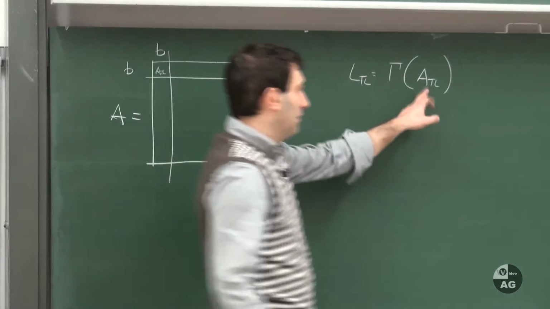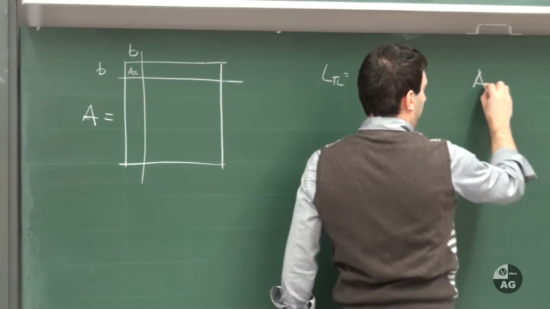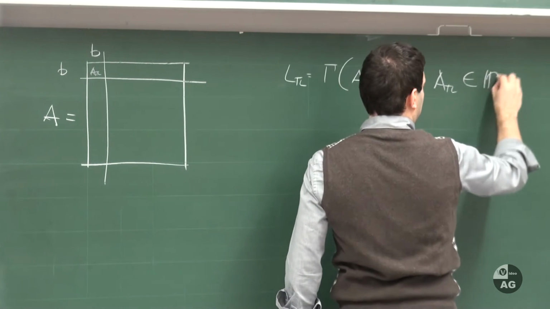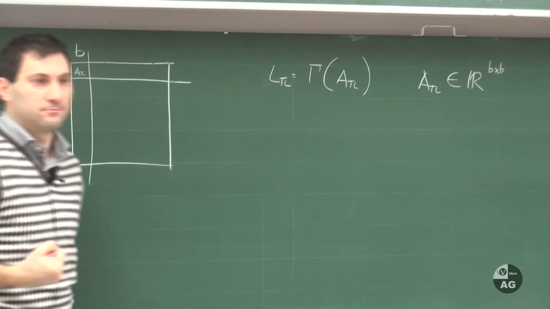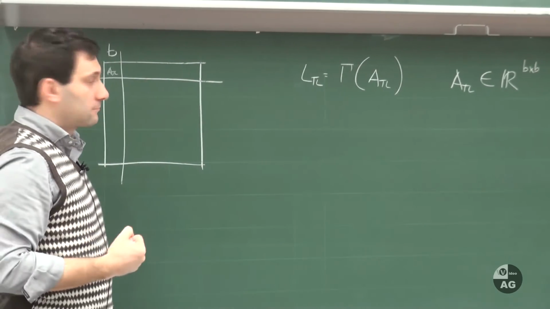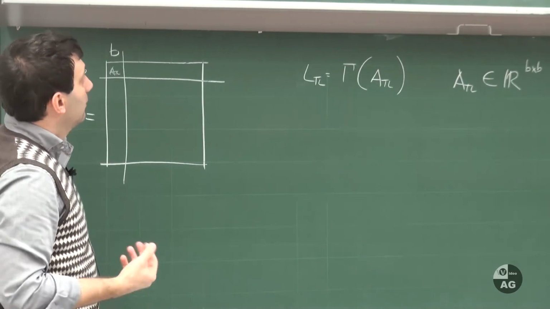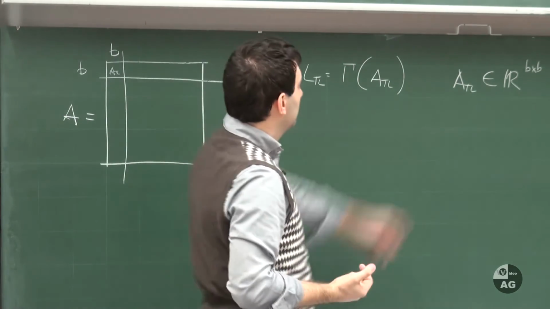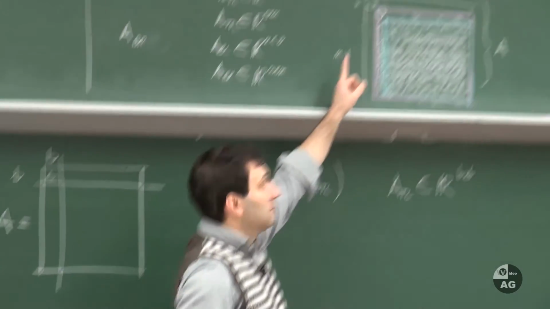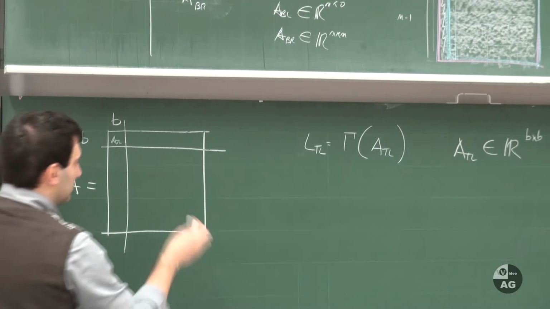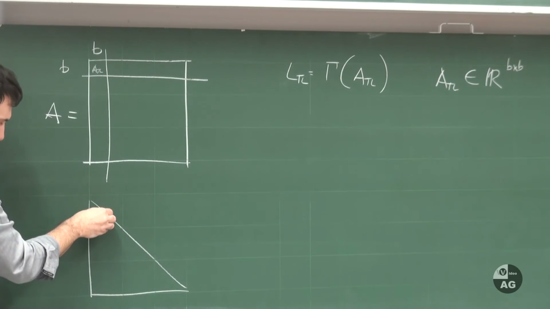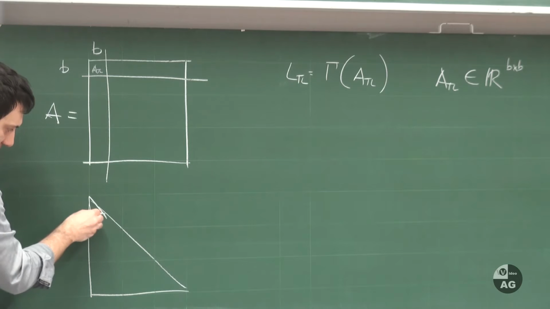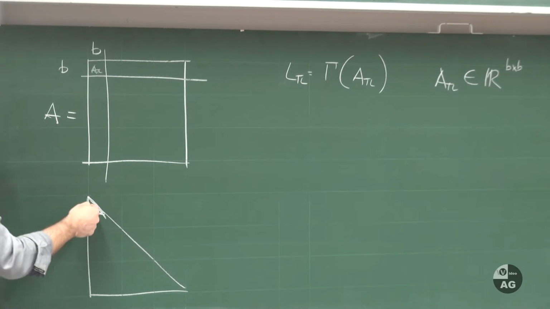Now this A top left is B by B. So how do we solve that? Very nice, precisely. So now we apply the algorithm above to compute just the first square here, or triangle, of the solution.